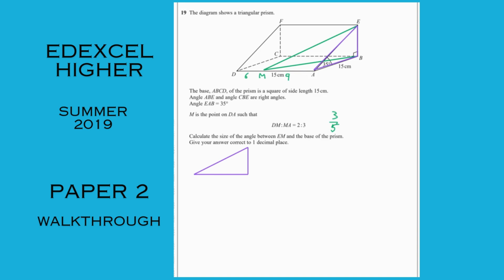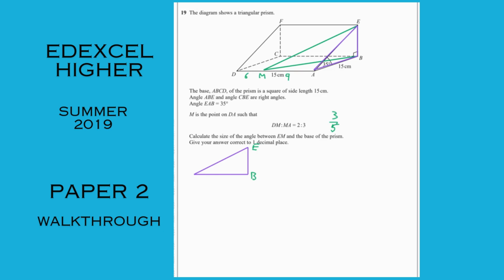Next, though, I've highlighted this purple triangle. I want the height of it. I want the length of E to B. Reason why, as you can tell, it's the green triangle because it wants the size of the angle between EM and the base of the prism.